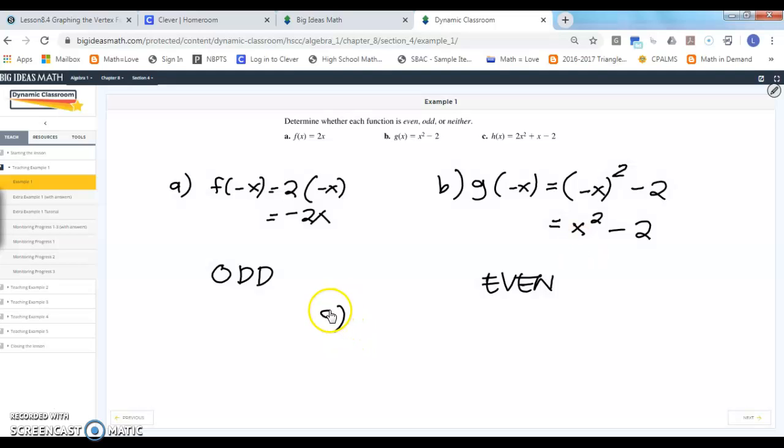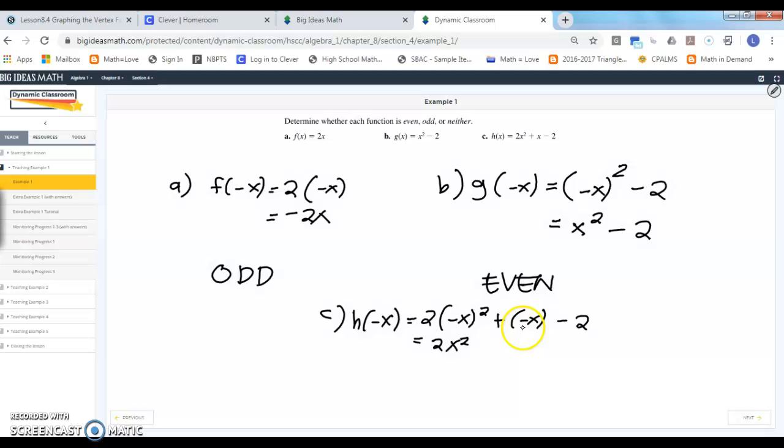Now for letter C, I got h of x is equal to 2x squared plus x minus 2. Let's replace x by negative x. I have a 2 at the beginning, change the x to negative x, and then this becomes negative x take away 2. Negative x times negative x is positive x squared, so this will turn out to be 2x squared.